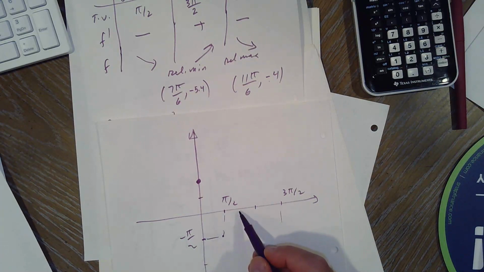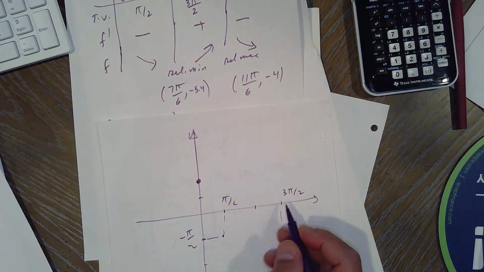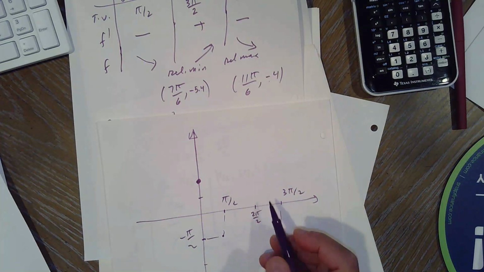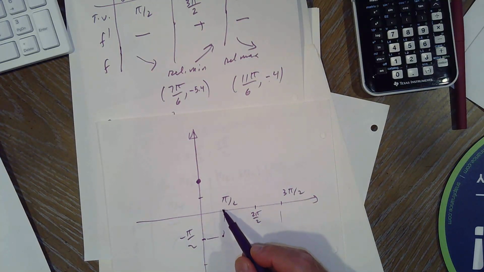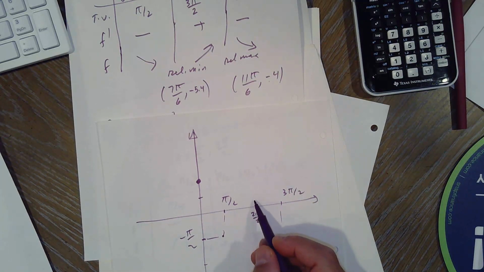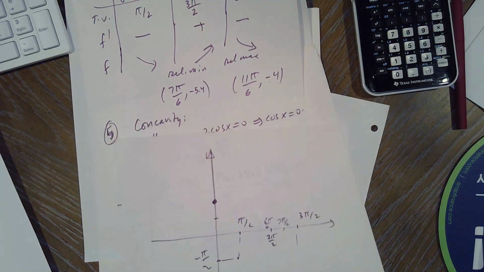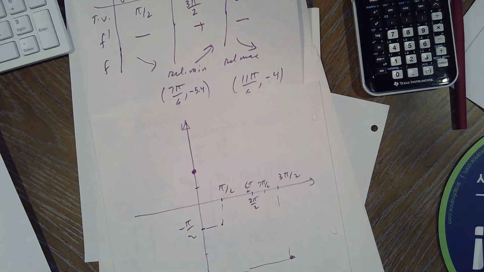Pi over 2 is 3 pi over 6, 4 pi over 6, that's 6 pi over 6, and then 7 pi over 6. So at 7 pi over 6 we have the minimum.